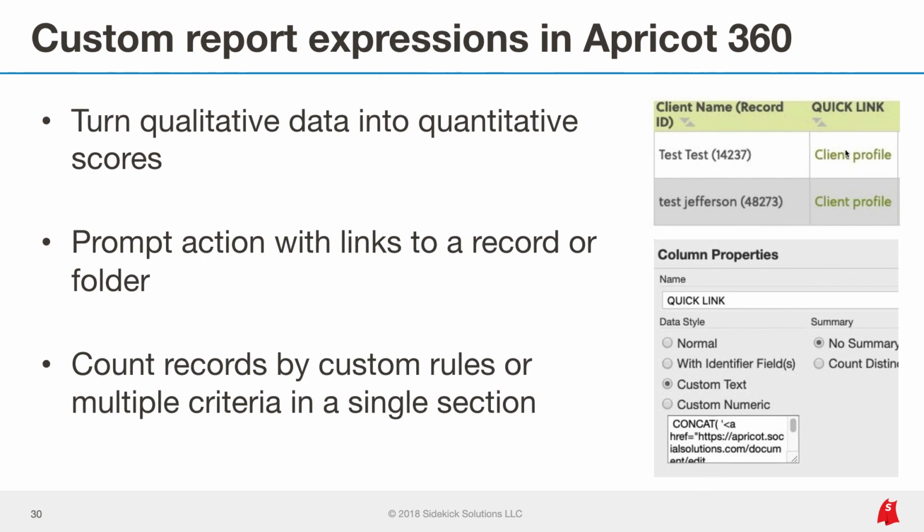This client profile is actually a link, and we set that up with custom report expressions, which you'll see here in the column properties. And finally, it's a great tool for counting up records by custom rules in a summary section, or multiple criteria in a single section without requiring one section per count you're looking to generate.